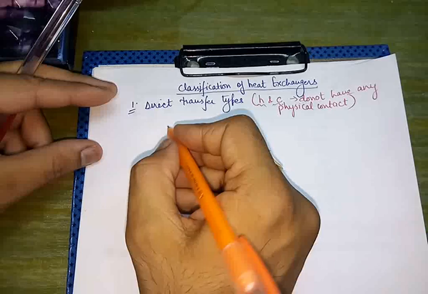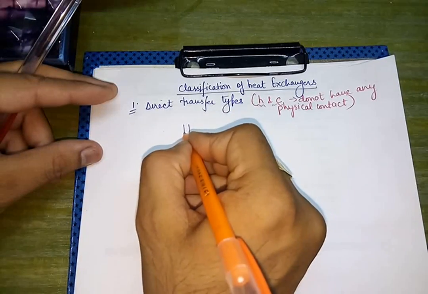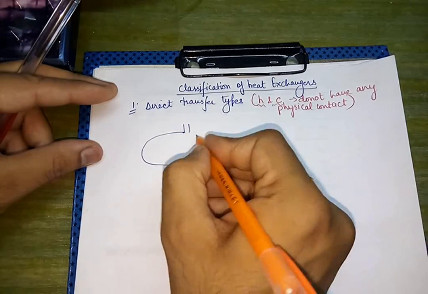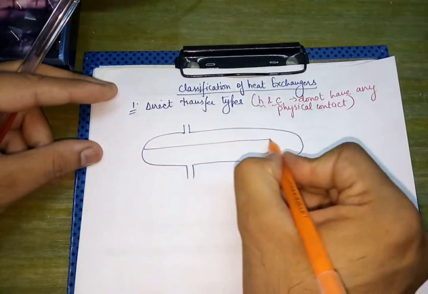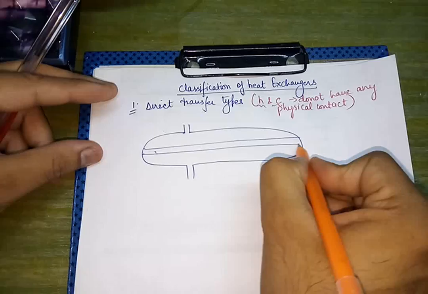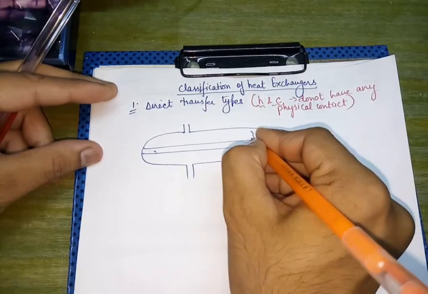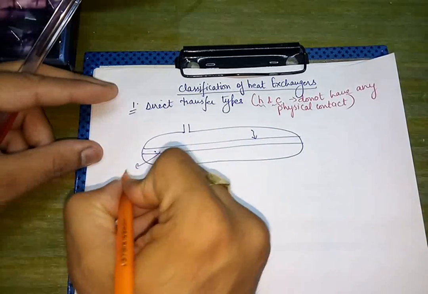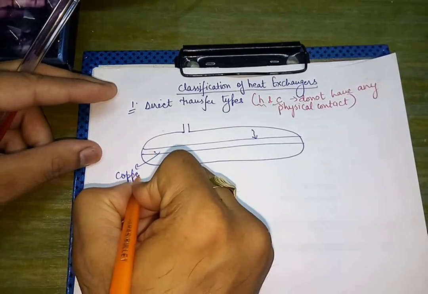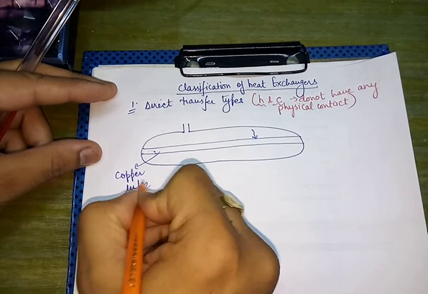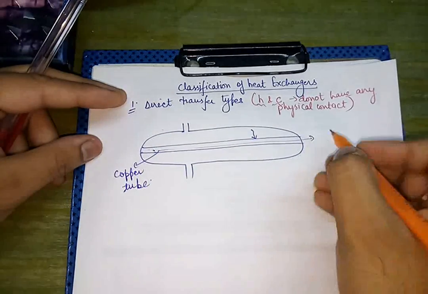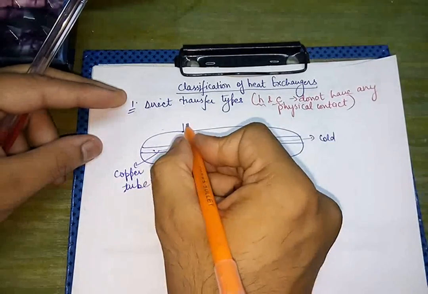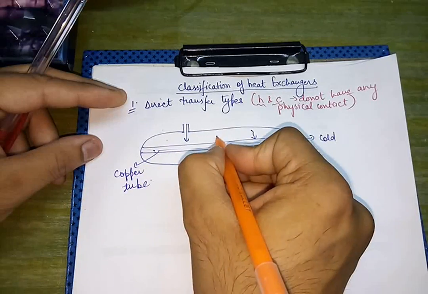For example, this is a copper tube, and inside this tube we have the cold fluid and the hot fluid is being supplied from the top.